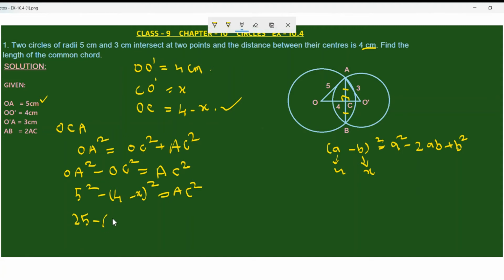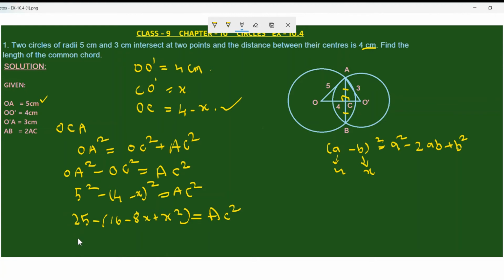4 a square, which is 16, minus 2ab, 2 into 4 8x, b is x, plus x square, which is equivalent to AC square. Now we need to give this minus to this, because here is a bracket.